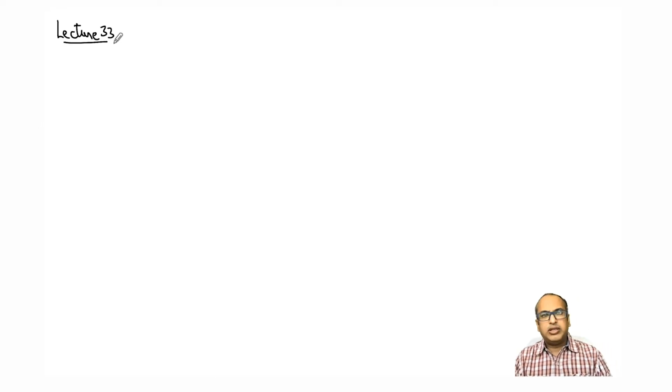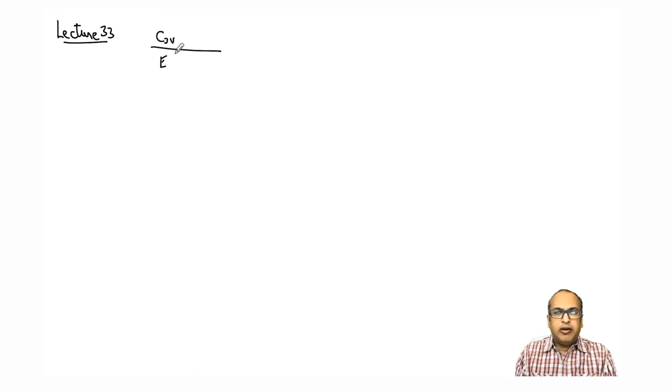So in the previous lecture, we saw that we can use a projection operator to project a part of a function, which could be a random function, with any given symmetry. For example, we considered the case of the C3V point group. Under that, we projected a function with E representation.